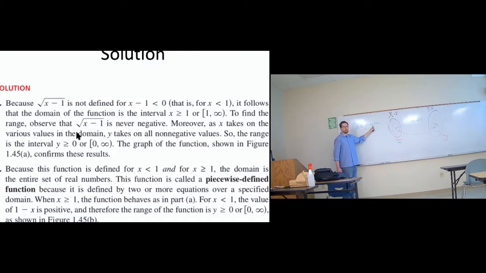So these rounded brackets correspond with less than, greater than, and the square brackets correspond to less than or equal, greater than or equal. Make sense?